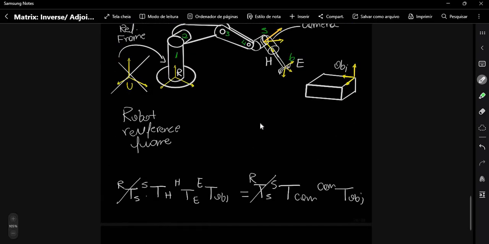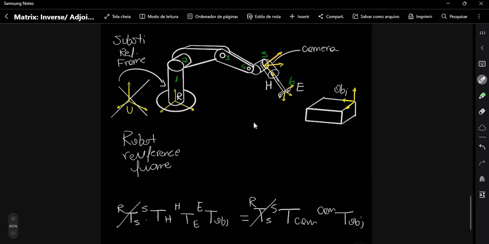So the first transformation, right at the beginning of the exercise, that we can extract just by looking at the robot, what it's doing, and knowing the task, is the localization, the position and the orientation, of the object in relation to the end frame, which is where the camera is attached.